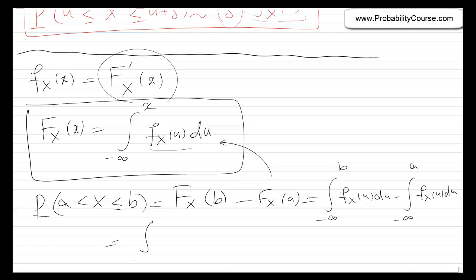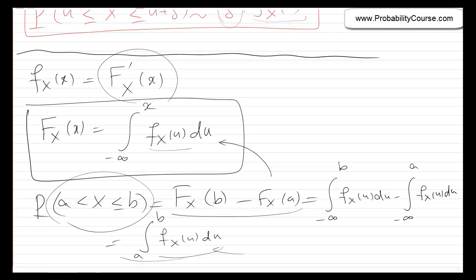And again, from calculus we conclude that this is the integral from a to b of fX of u du. So if I ask you what's the probability that x belongs to this interval, you can find it using the probability density function, or if you have the CDF, you can directly use that. You should get the same result.